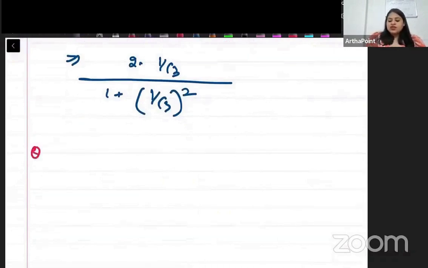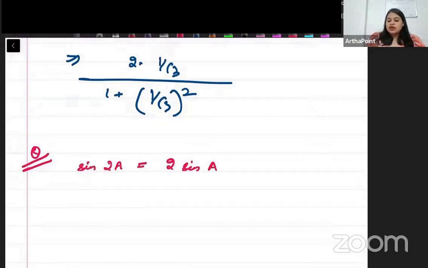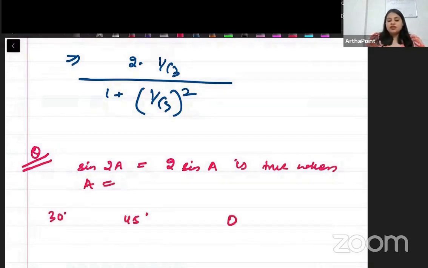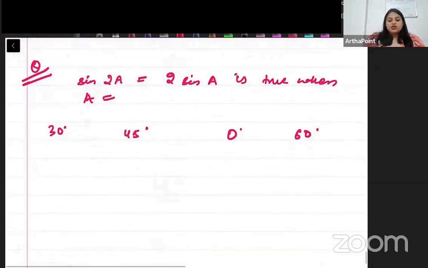The next question, beta: sine 2A is equal to 2 sine A is true when A is equal to 30 degrees, 45 degrees, 0 degrees, or 60 degrees. Try to solve this, beta. Very simple.